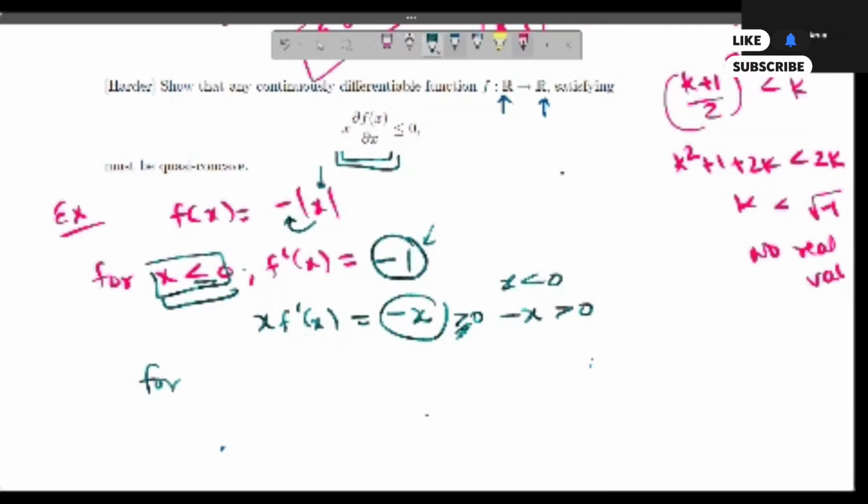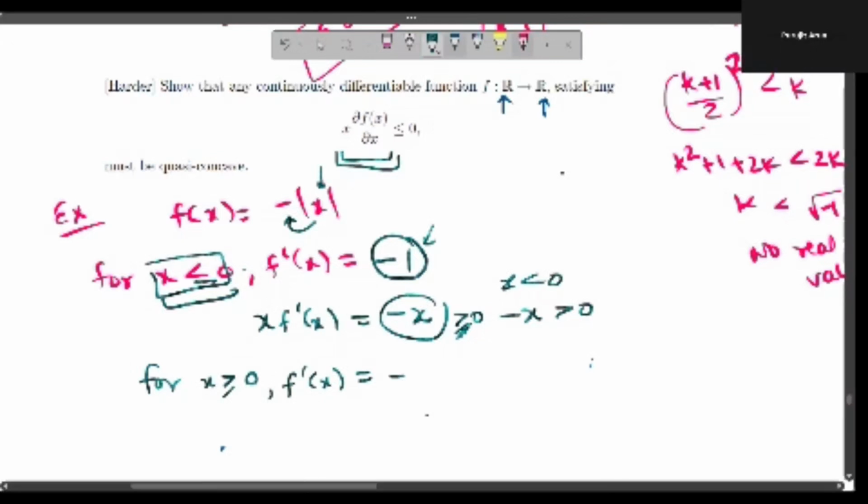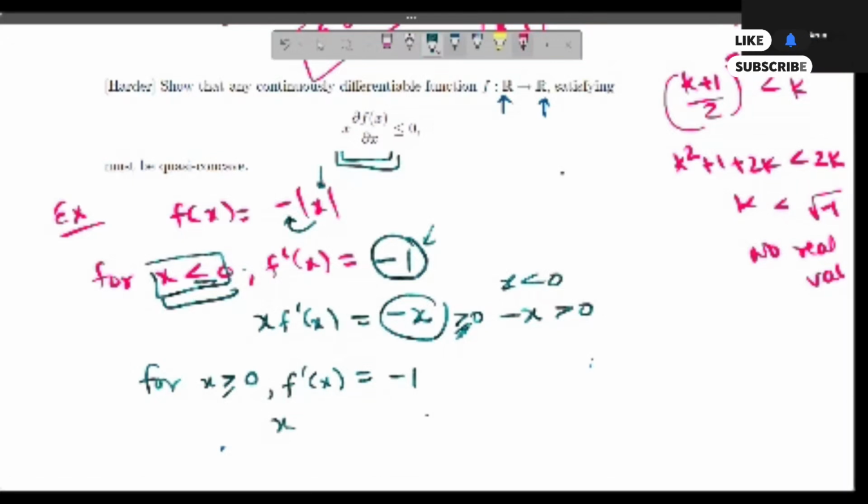What about if you take x greater than or equal to 0? Your f dash x is going to be -1. And what about x f dash x? Again, minus x. Now, what will happen if you have -x, with the value of x considered greater than 0?